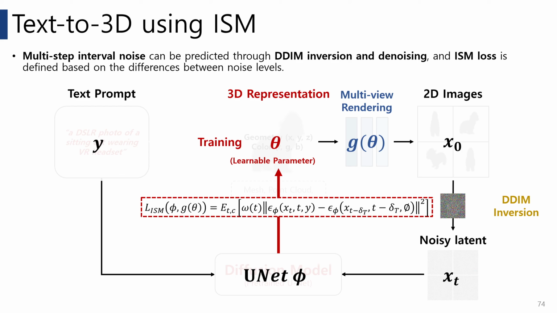Multi-step interval noise can be predicted through the DDIM inversion and DDIM denoising process. The ISM loss is then defined as the difference between these noise values.